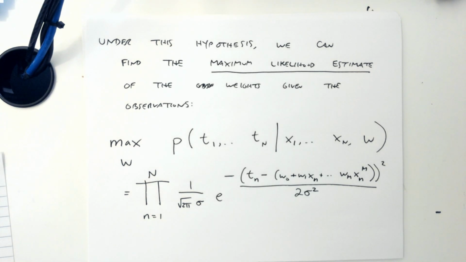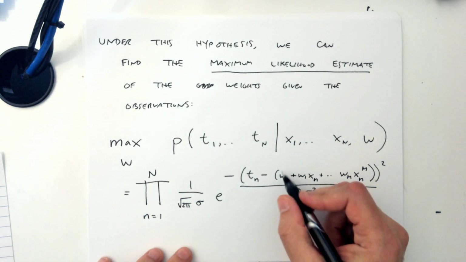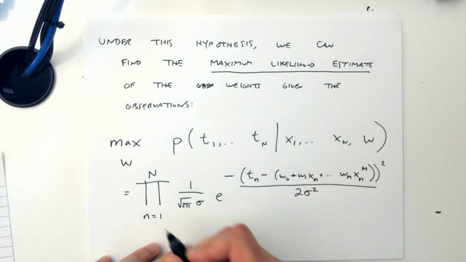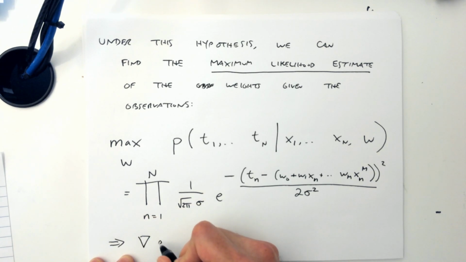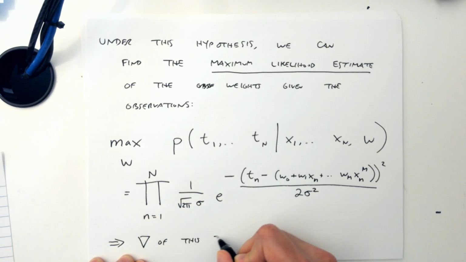So it's like saying I have zero mean noise given the model, right? And now we know from probability that if I wanted to maximize this, I have the same problem of taking the derivative, the gradient, and setting it equal to 0. So to maximize this, we would take the gradient of this and set it equal to 0.